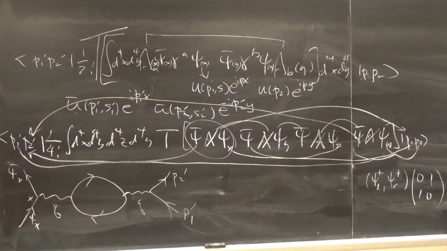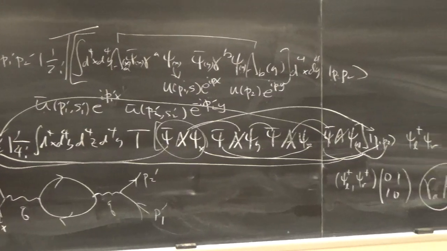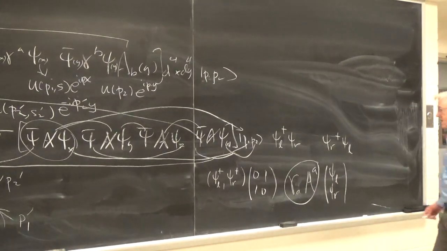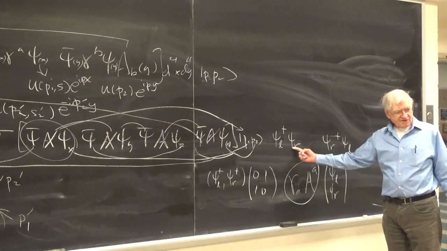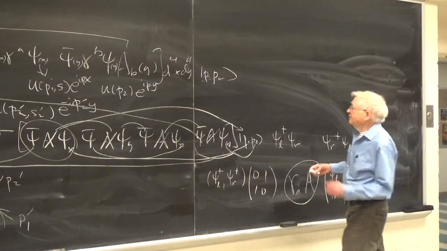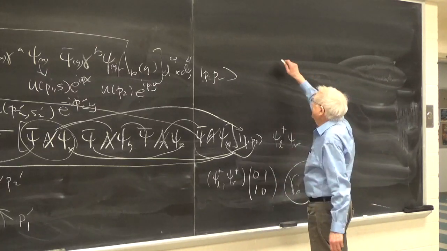The part that's Lorentz invariant is psi left dagger psi right and psi right dagger psi left. And you see the beta does that for you. So then, let's just remember why it is that this works.